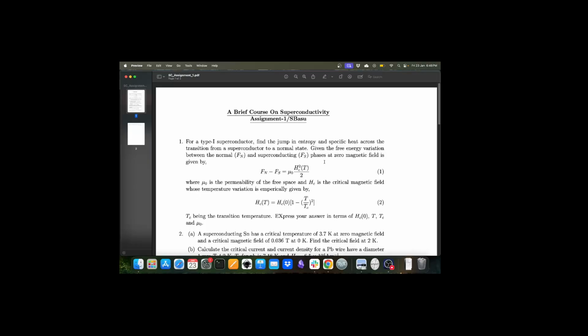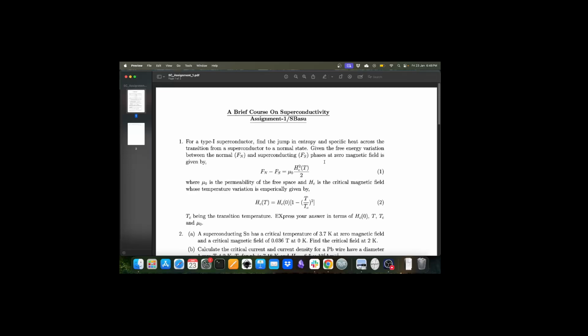It is not that the superconductivity will always be there in the system. After a certain threshold of magnetic field value, the superconducting material is going to lose its superconducting property. It is not going to have a zero resistance state.